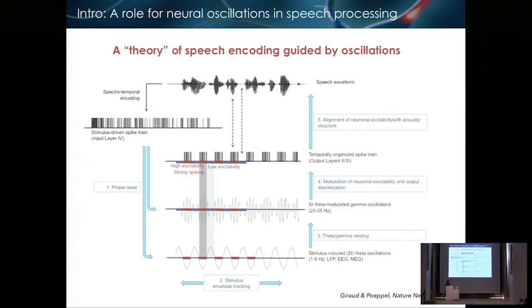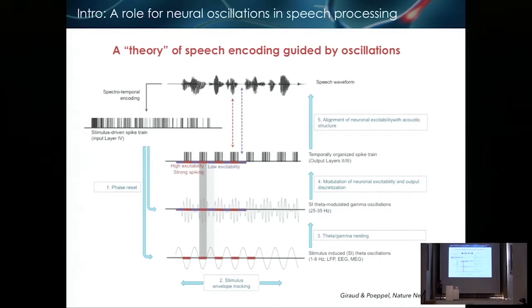Well, in more detail, this is what we proposed, which again is becoming more and more wrong, but it was useful. So we thought that when there is this train of spiking in the layer 4 of the auditory cortex with a big onset activity, it's going to reset theta and gamma oscillations that are inherently present, and this reset actually structures them and nests them.